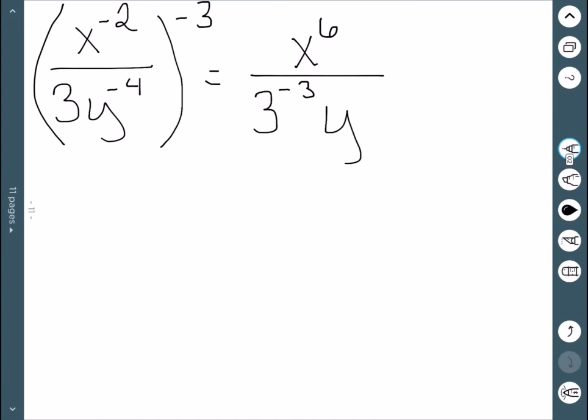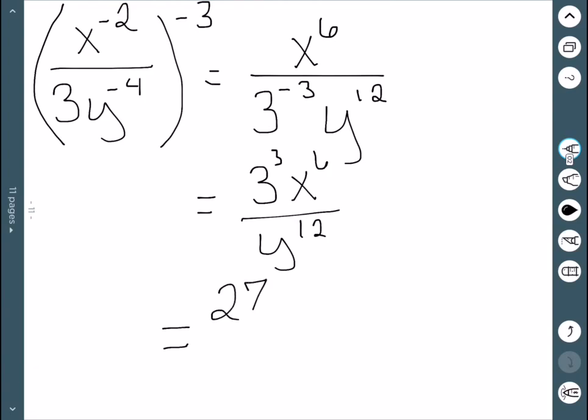Negative 4 times negative 3 is positive 12. Since we have a negative exponent on the bottom of a fraction, we can move it to the top to make the exponent positive. And finally, 3 cubed is 27. So we have 27 x to the 6th over y to the 12th.